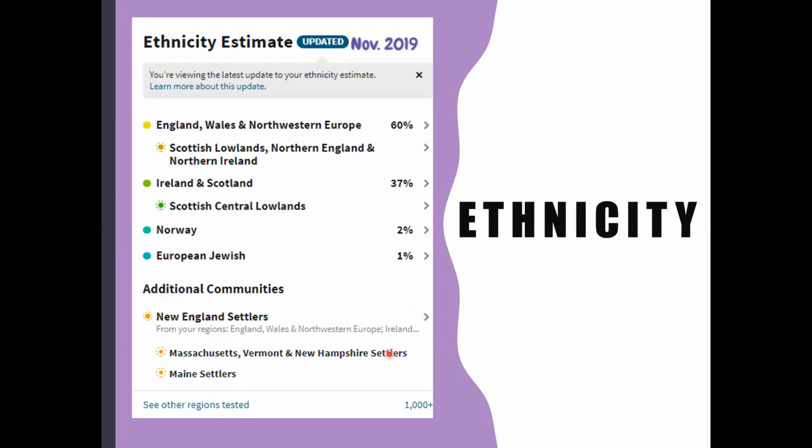And so that's their attempt to use, they have 10 million people who have tested with their DNA. They have millions of trees. And so they're trying to use all of that huge amount of data to come up with this prediction. And in my case, most people I know who have this say it's pretty accurate, and it certainly is in my case.